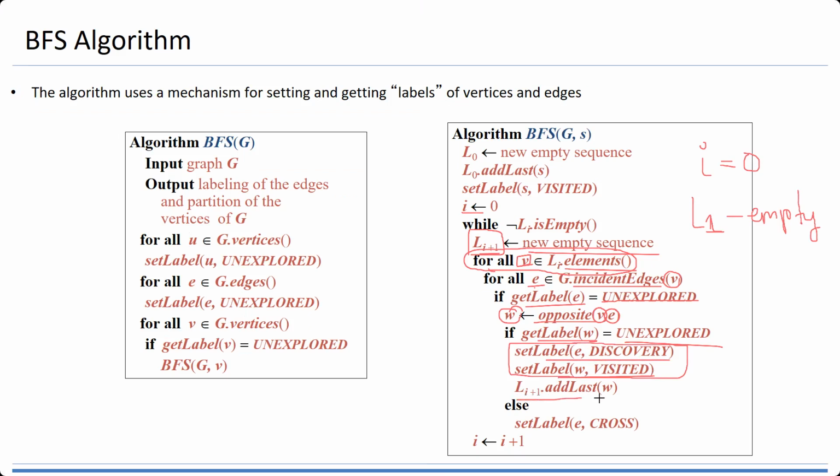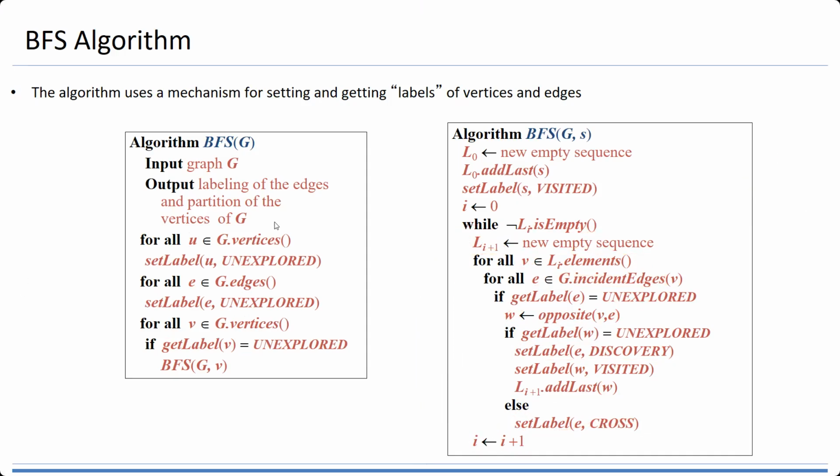And Li plus 1 will have w added. If it is not, then set the label as cross. At the end, we will add 1 to i, so i, which was originally 0, now becomes 1. And then we go back and again check if Li is empty or not. If Li is not empty, then again we do this.